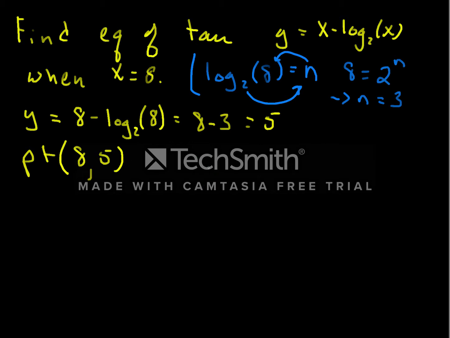So what is our slope? Well, our slope will be the change in y with respect to x at the point x equals 8. That's the slope of our curve, so that's the slope of our tangent line. So that means we need to compute the derivative of x minus log base 2 of x. So let's do that.